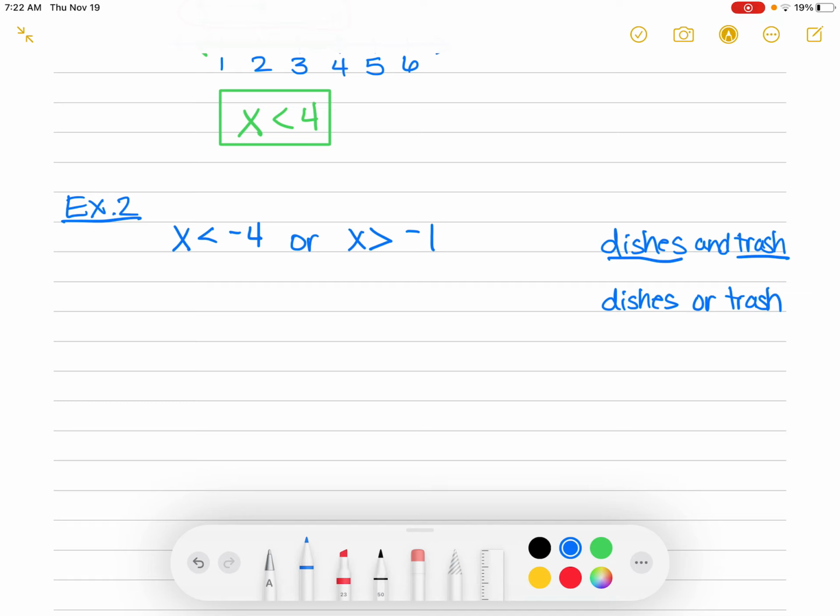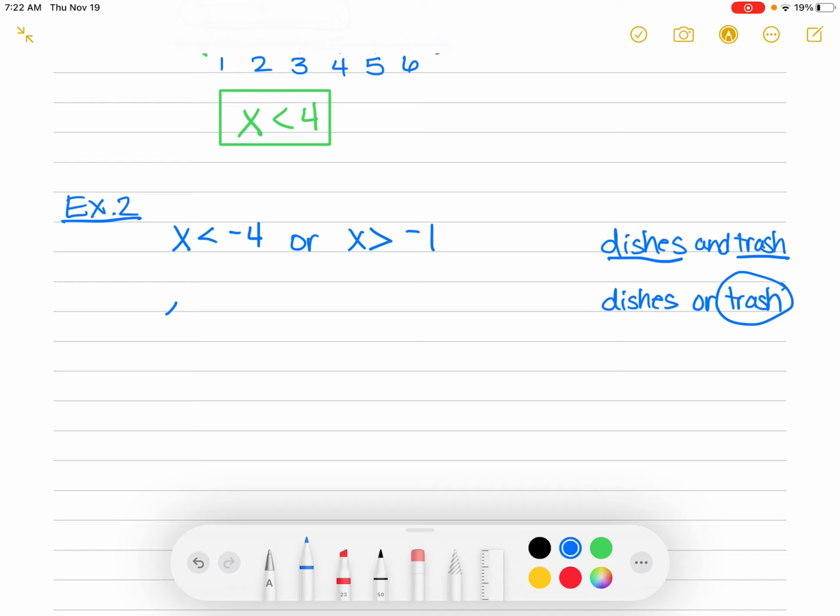That way you're only going to pick one, right? You're going to take out the trash or you're going to do the dishes. But you don't have to do both of them. So that's the same situation with conjunctions and disjunctions. Conjunctions are where you have to do both. You're using the word and. Disjunctions are where you pick one or the other. You don't have to do both.